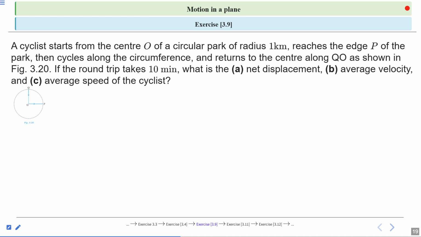If the round trip takes 10 minutes, what is, A, the net displacement, second, the average velocity, and third, the average speed of the cyclist? So here you have to find out the net displacement, average velocity and average speed of the cyclist. Please solve this question.